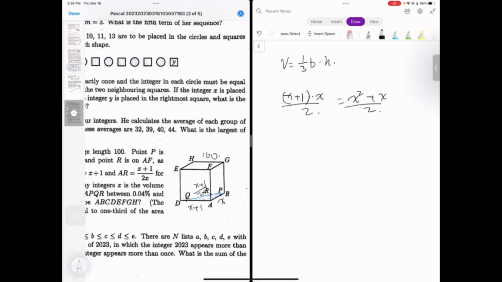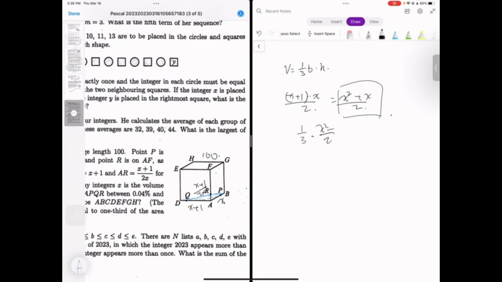Okay, and then we need to multiply this by 1/3, and it is x squared plus x over 6, and then we times the height, which is x plus 1 over 2x.